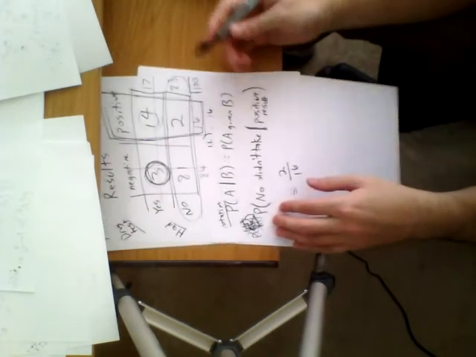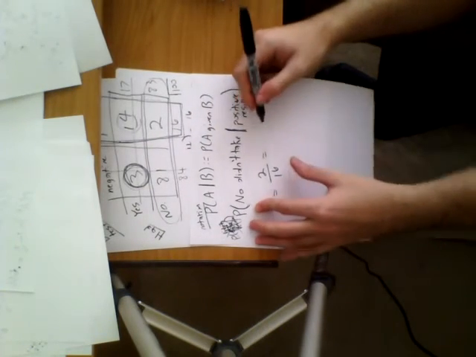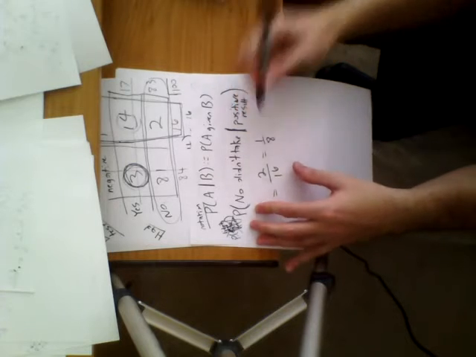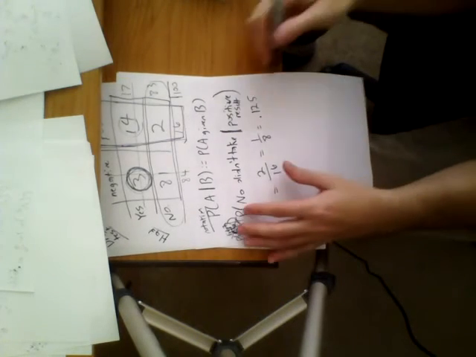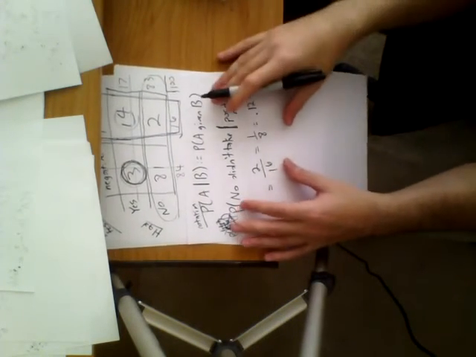So I know this is a little bit different. So this is what, 1 out of 8, or I think 1, 2, 5. Yeah, 0.125. So that's how we would do something like that.